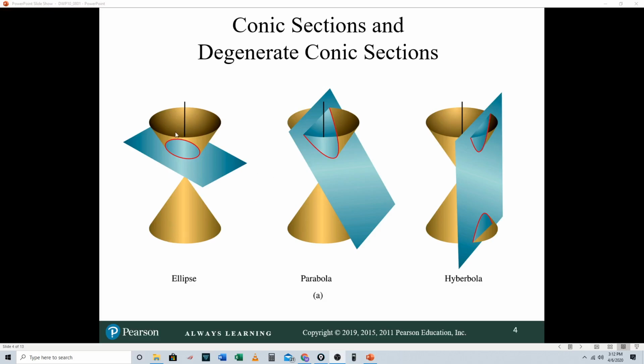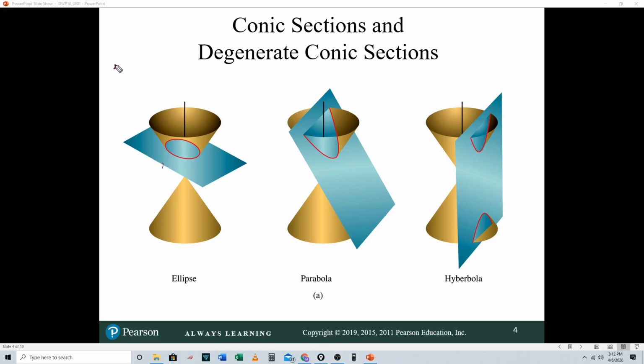First is an ellipse, and that's if a plane diagonally intersects a cone. If you intersect a cone horizontally, you create a circle. If you remember the equation of a circle, it is x minus h in parentheses squared, and I could write this down since I have the ability to do it.